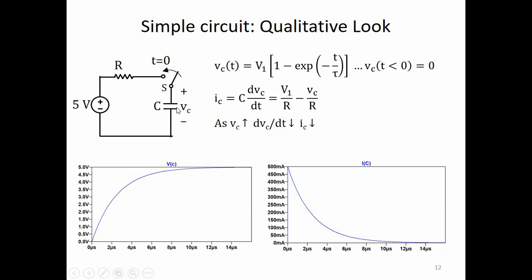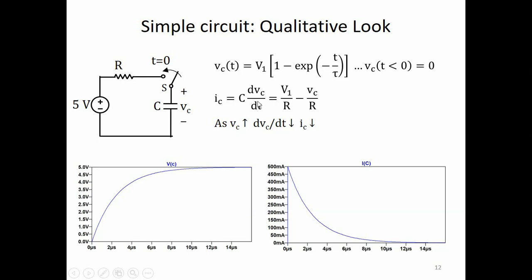As the capacitor voltage increases, the voltage across the resistor decreases, right? And as the voltage across the resistor decreases, the current in the circuit decreases. That's what this equation is showing. As Vc increases, this whole quantity decreases, and so Ic decreases. And that's what we are seeing here. As a function of time, Ic decreases.